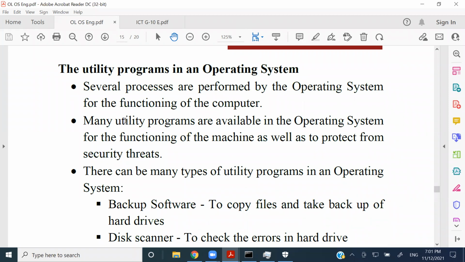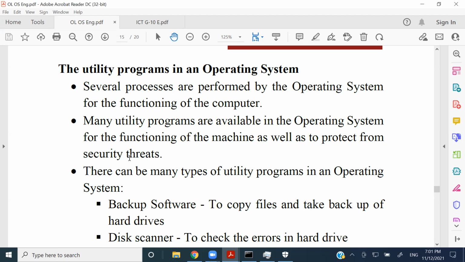All right. I think you can remember we talked about utility programs when we were talking about the categorization of software, right? It is one category under system software. Here we are going to talk about some of the programs given by the operating system as utility software. You know that utility software is not used for the day-to-day activities of a user.